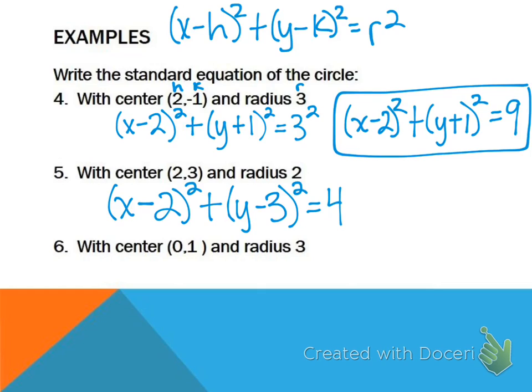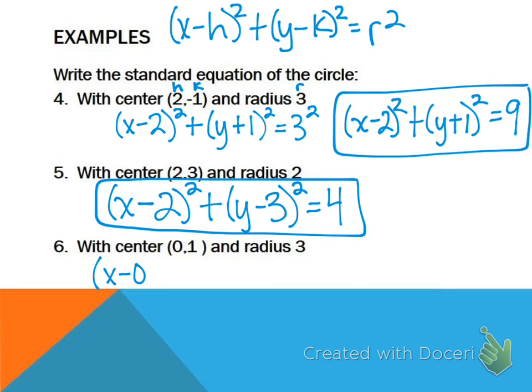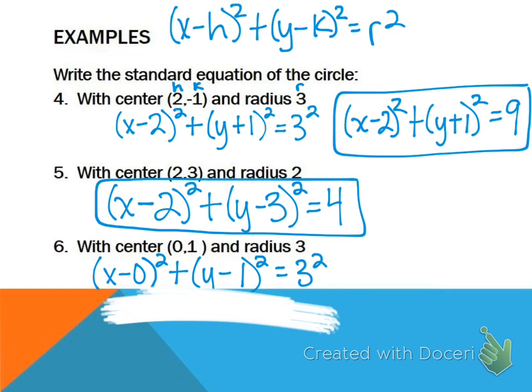Again, remember to watch your signs when you put your center in. All right, what is it? x minus 0 squared plus y minus 1 squared equals 3 squared. Good. So that's going to be our first step.